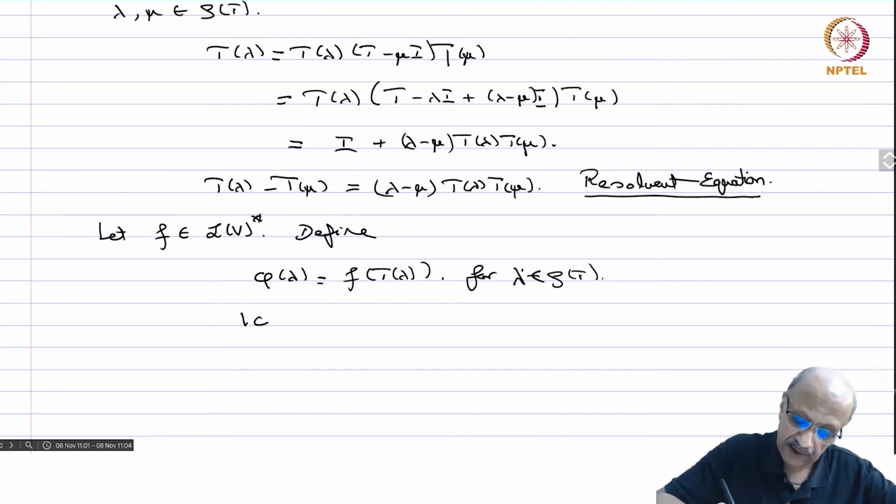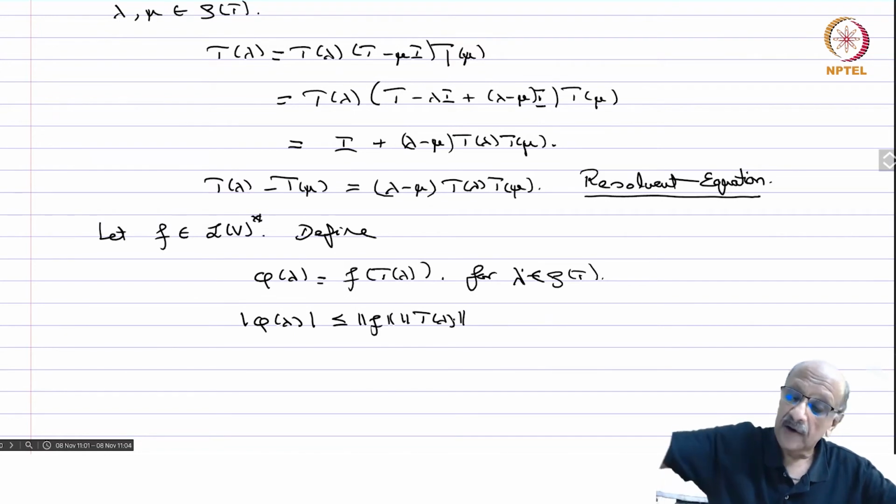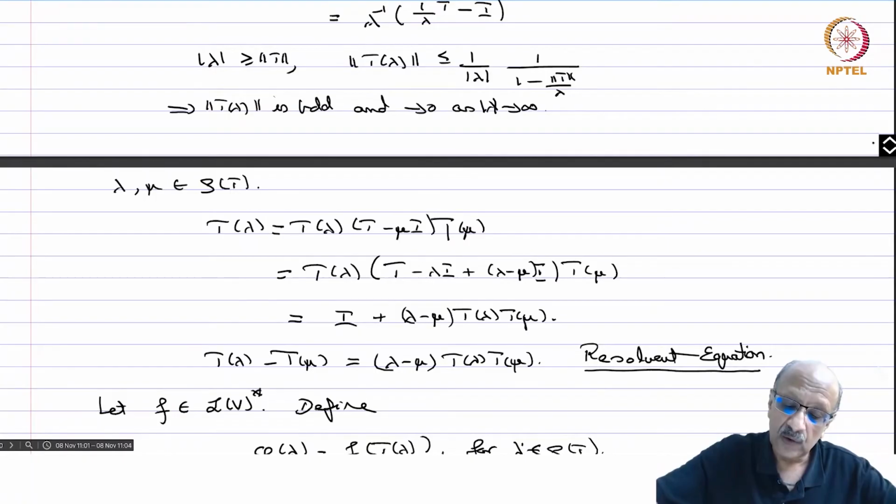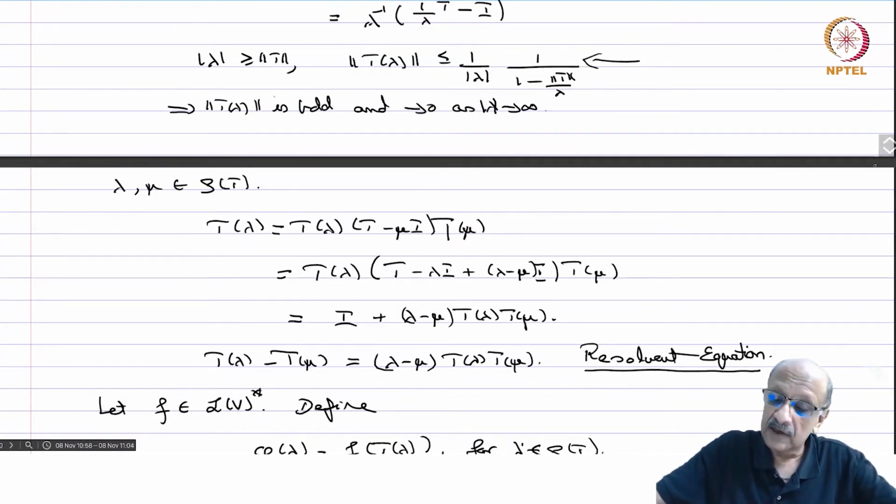Then mod phi lambda is less or equal to norm of T_lambda, and we saw that norm of T_lambda already is a bounded thing, and in fact it goes to 0 as lambda tends to infinity because of this particular relationship here.